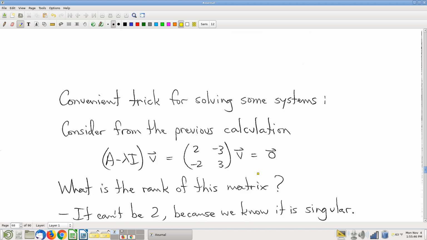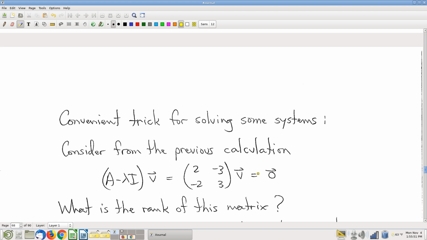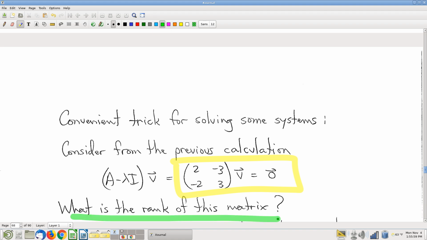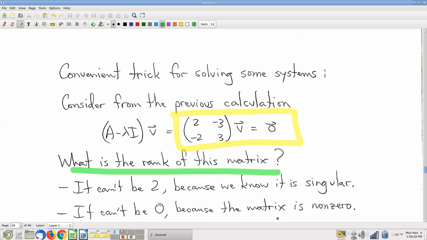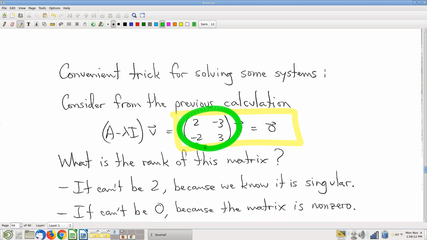So here's the idea. It's going to seem to be a digression, but in looking at this equation, instead of going straight at the solution, let me ask this semi-related question. What's the rank of that matrix? Now, who cares, right? Okay, but nevertheless, humor me. What's the rank of this matrix? Here's the thing about it. This matrix, the rank can't be 2. Now, how do I know that rank can't be 2?